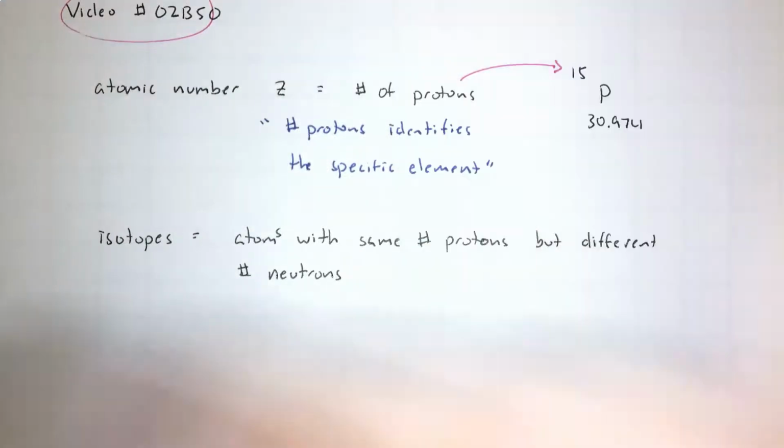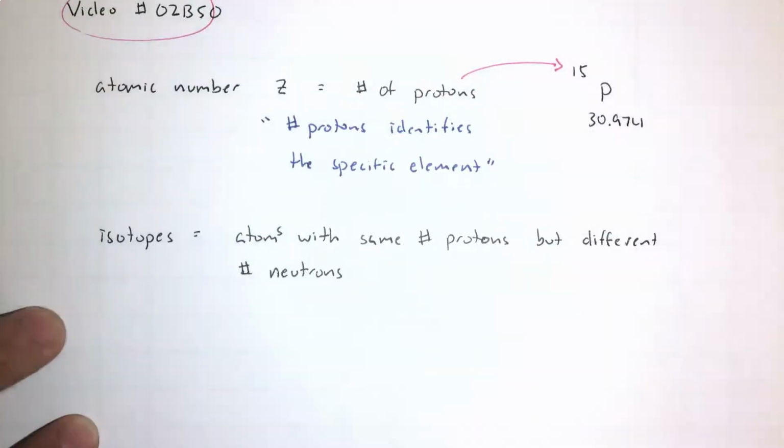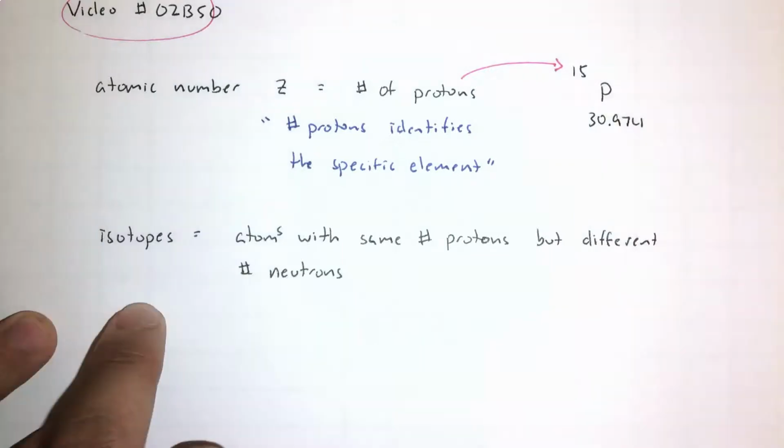We learned before that the nucleus is going to be consisting of protons and neutrons, except for hydrogen, which only has 1 proton and 0 neutrons. But let me give you a couple examples of now isotopes.